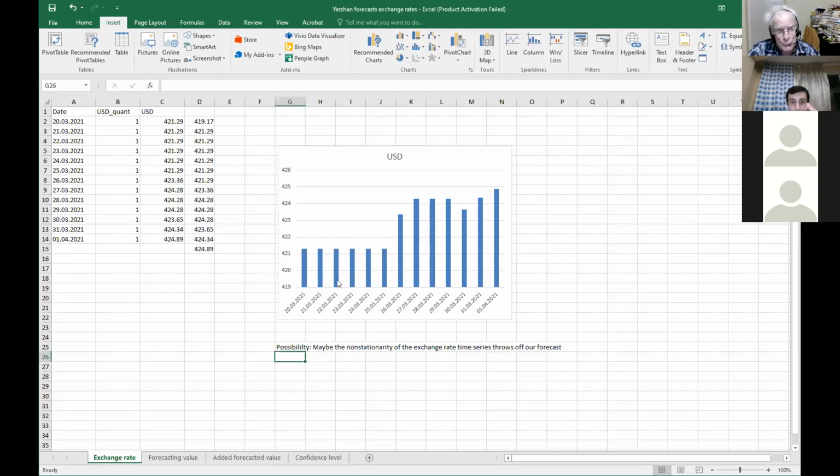So one way to fix that problem is to use not the level of the exchange rate, but instead the first difference.